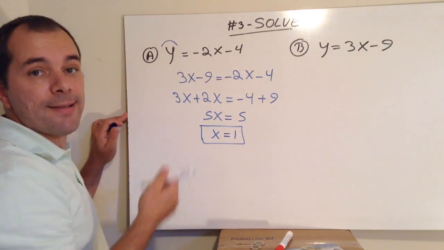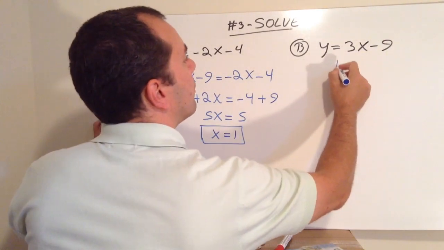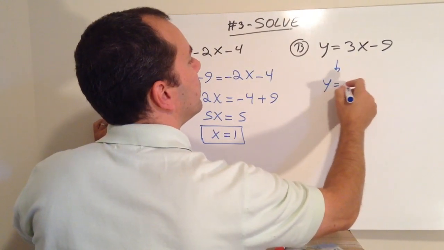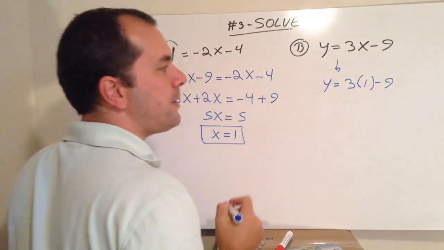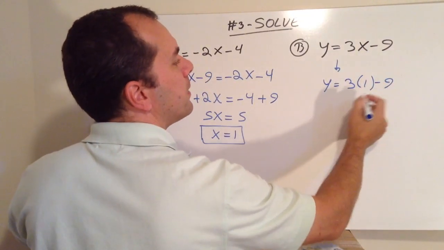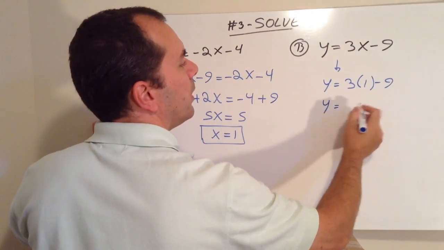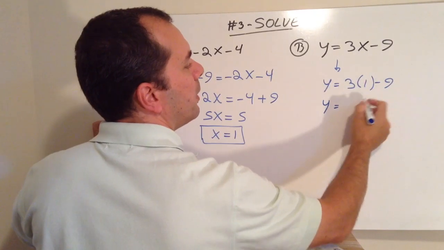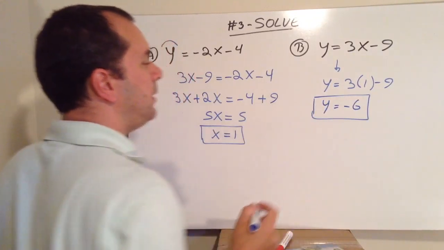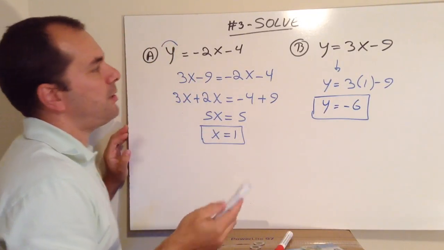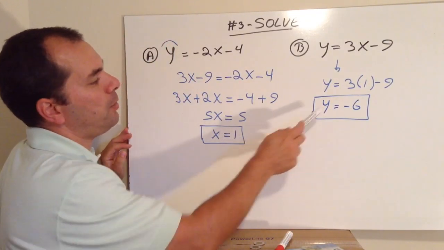I have my x, now I need to find my y. So from here, my y is equal to 3 times 1 minus 9, and that's just 3 minus 9. So y is equal to minus 6. So that worked out nicely. Let's just check in our heads if it works out. So x is equal to 1, y is equal to minus 6.